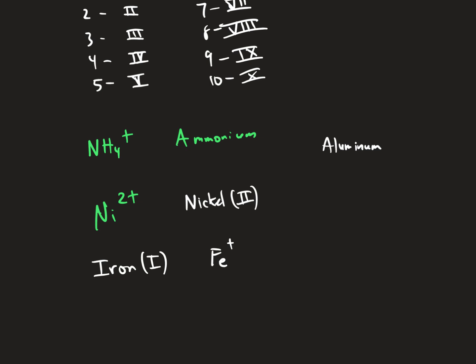Main group. So we don't need a Roman numeral here. It's just Al with what charge? You have to know. 3 plus. You have to memorize that? No, you have to know how to use your periodic table. Does everybody know how to use your periodic table here? If you don't, let me know right now before we get too deep. Okay?